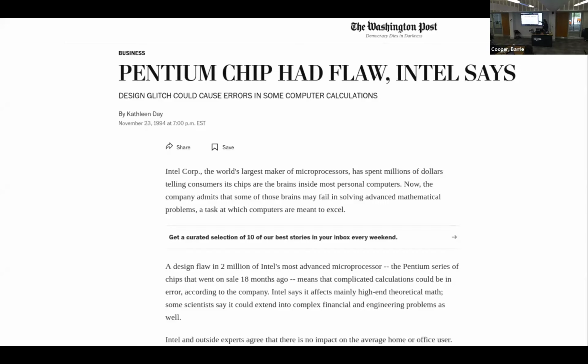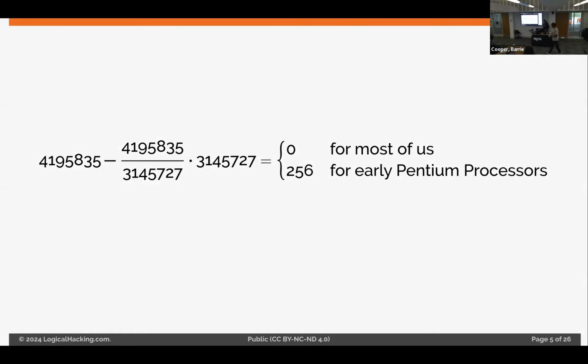One of the earlier examples is the Pentium floating point division fault, for those that can still remember that. That was around 1995, where the division algorithm implementation of the very first Pentium processors was implemented wrongly and ended up with wrong results for certain inputs.